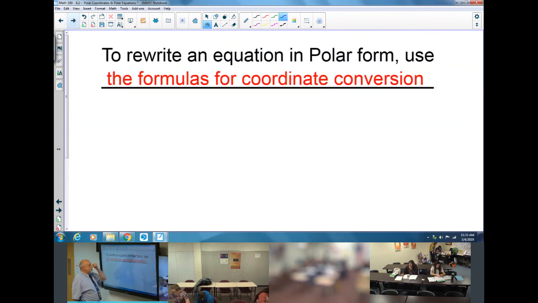All right. So to rewrite an equation in polar form, you use the same formulas that we use for coordinate conversion. So the x squared plus y squared equals r squared, those two.